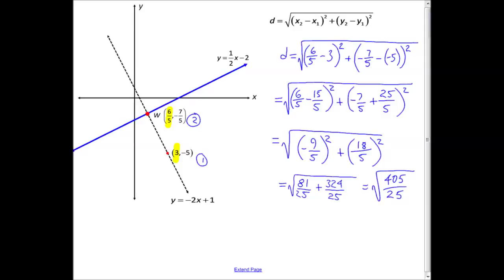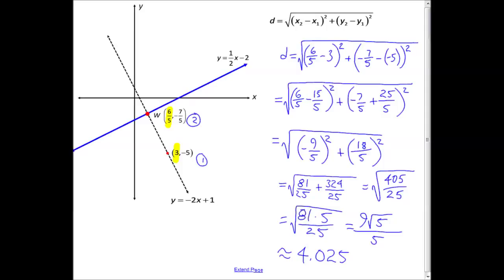Since 405 is 81 times 5 over 25, I can simplify my radical, square root of 81 being 9, square root of 25 being a 5 in the denominator, leaving me 9 square roots of 5 over 5, and that, checking on my calculator, approximates out to being 4.025.